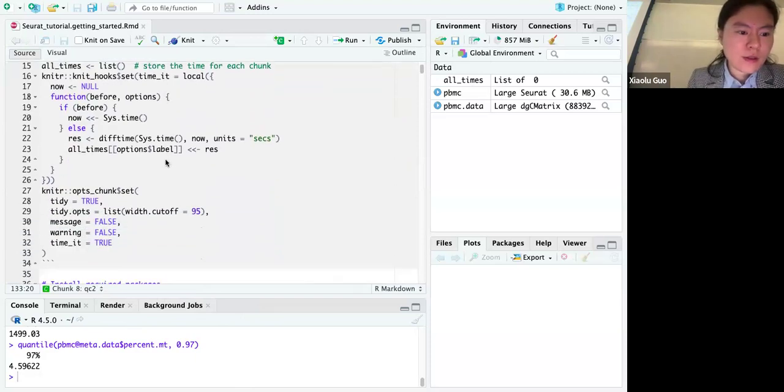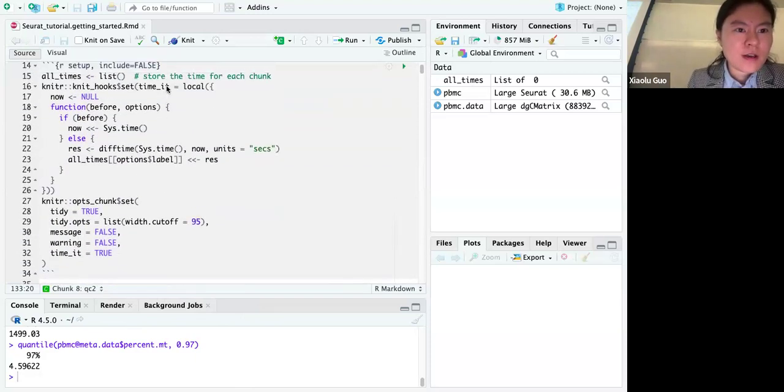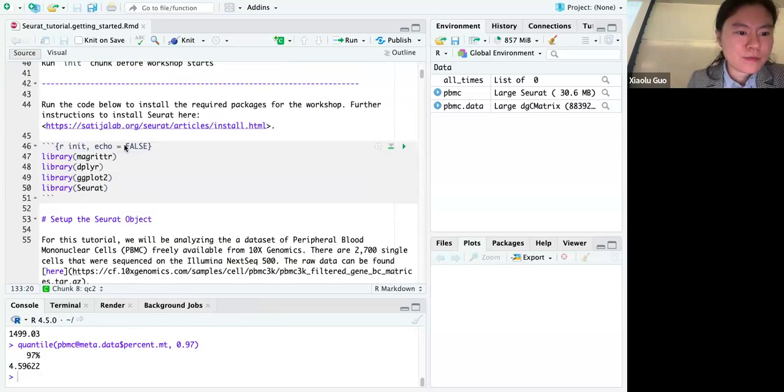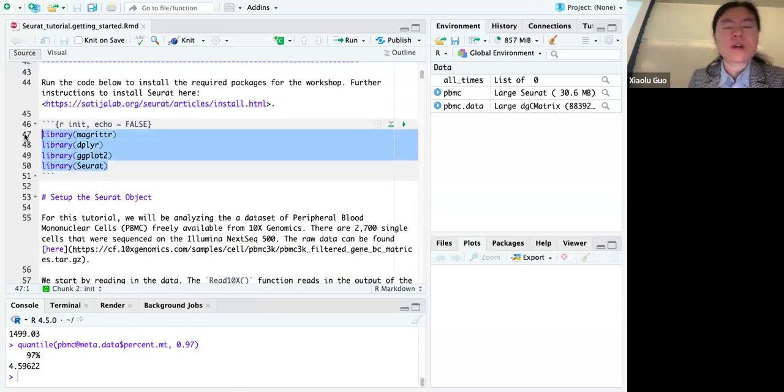And first, how many of you successfully installed RStudio? Okay, great.